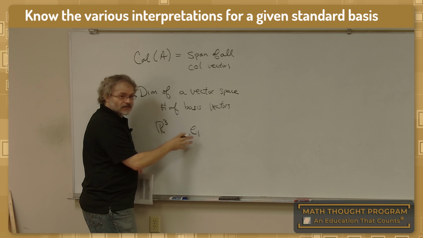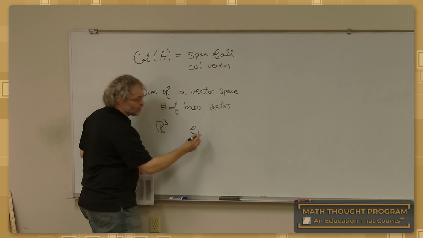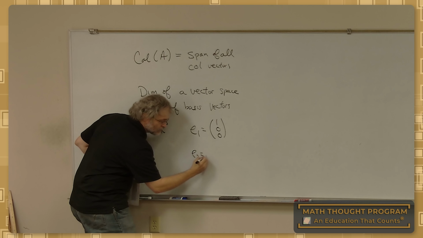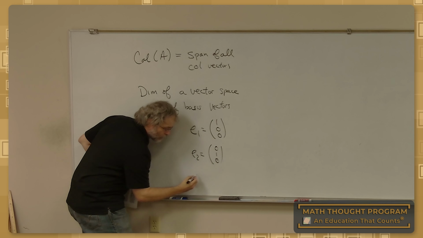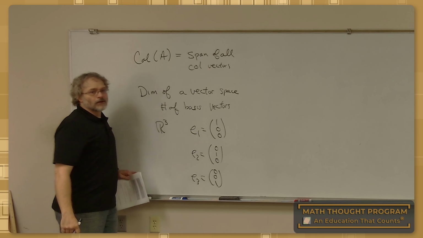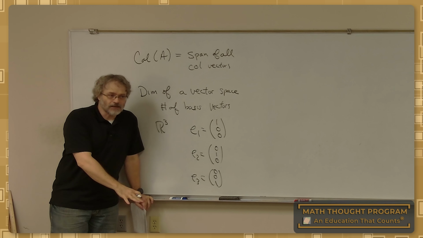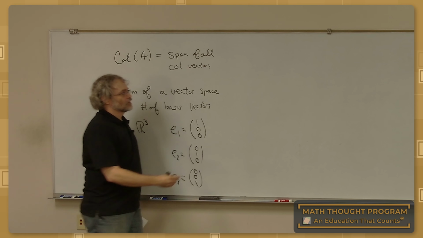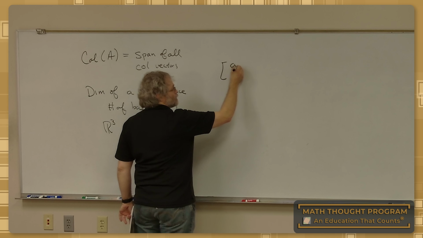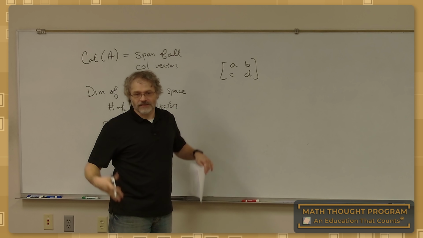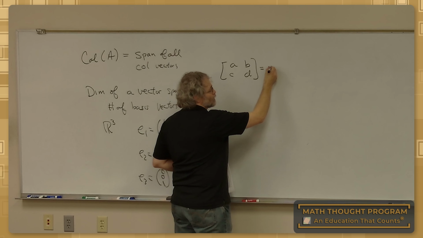The standard basis in the context of R3: E1 takes on the meaning of (1, 0, 0), E2 takes on the meaning of (0, 1, 0), and E3 takes on the meaning of (0, 0, 1). And if I change the space to a different vector space, such as 2 by 2 matrices, where I have A, B, C, and D, the standard basis takes on a different meaning.